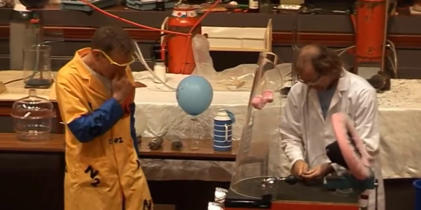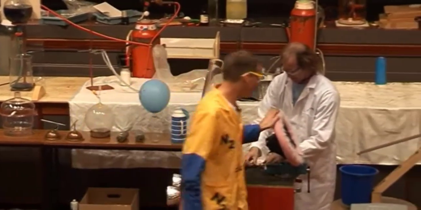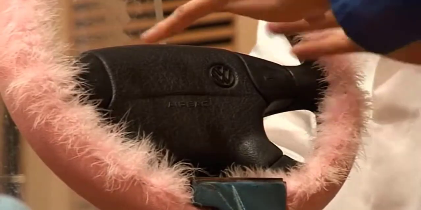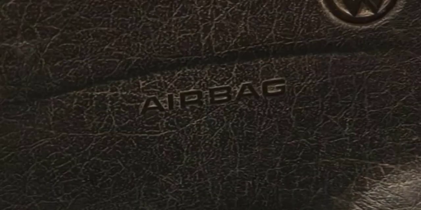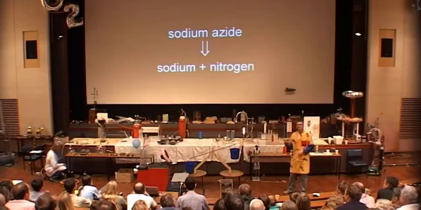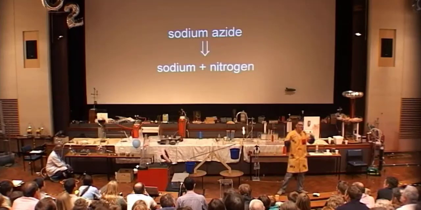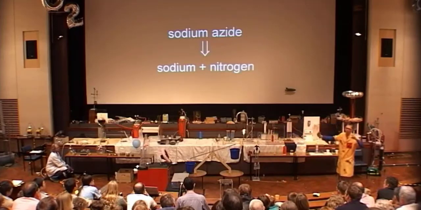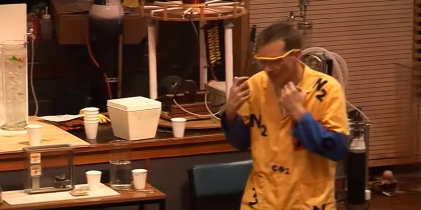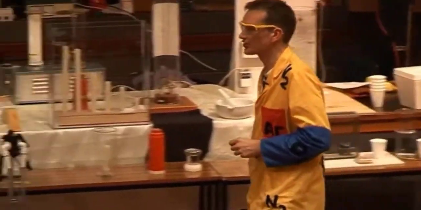Anyway, so now on the car, somewhere in here, we have the steering wheel, and in the steering wheel there is an airbag. Now this airbag contains a compound called sodium azide. This is sodium combined with nitrogen. But again, this isn't a very stable compound. Really, the nitrogen wants to combine with itself instead to form the very stable nitrogen gas.